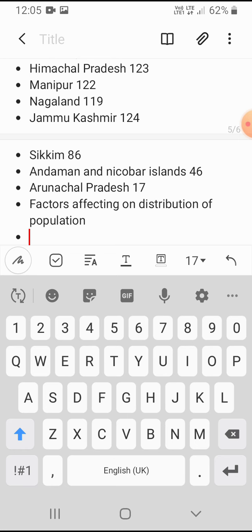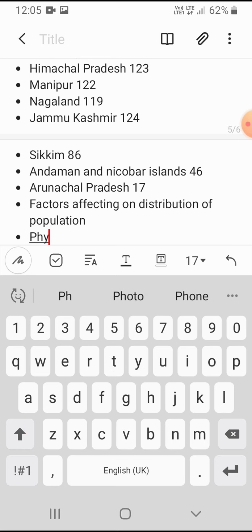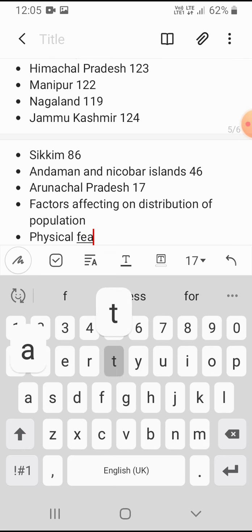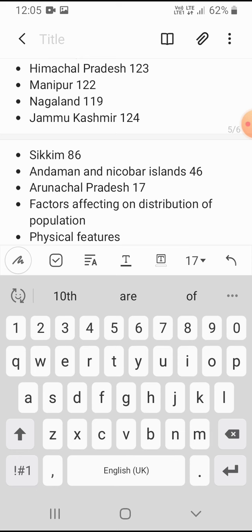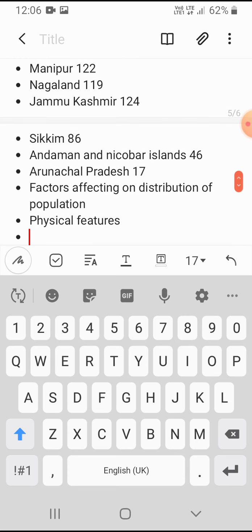So first thing is physical features of India. In physical features, the mountain and hill areas are a little bit populated, and the northern and northeast hills have some people living. By physical features also the population is distributed.